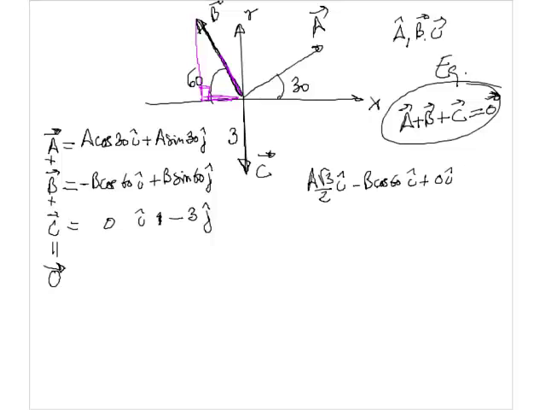And again, I'm stressing that vector because if A, B, and C are vectors, 0 is going to be a vector. And this is the same as 0 times i plus 0 times j.